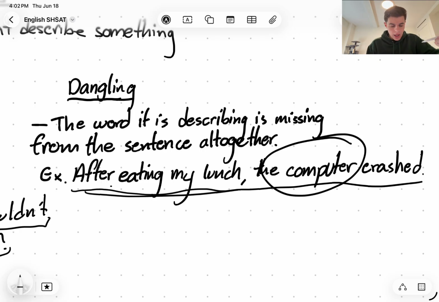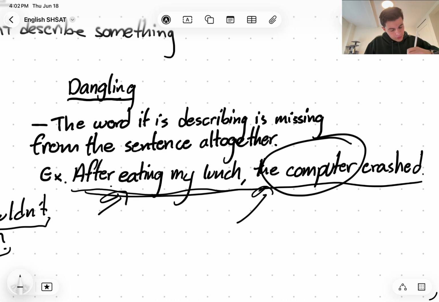It isn't saying after I ate my lunch, the computer fell, right? It's just saying the computer crashed after eating my lunch. It sounds like the computer ate my lunch because it is just unclear who ate the lunch. And it's kind of assumed that the computer is the thing that ate my lunch, right?